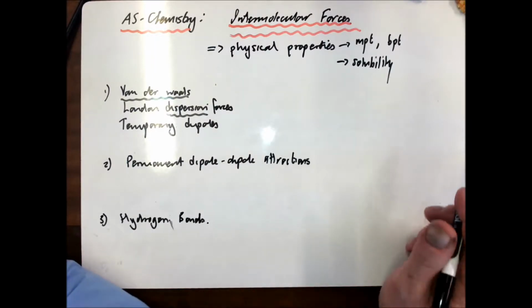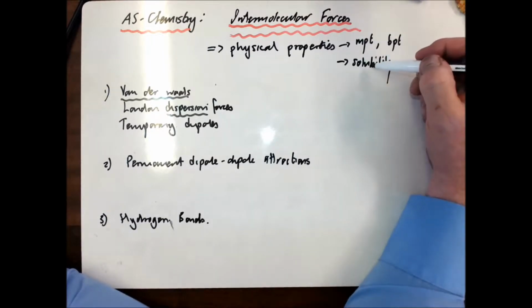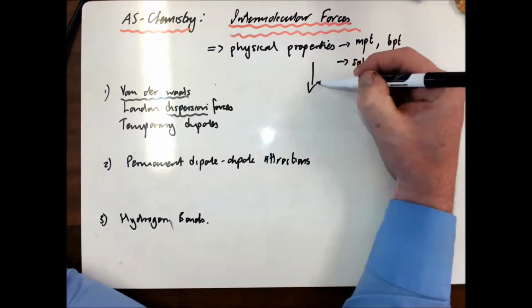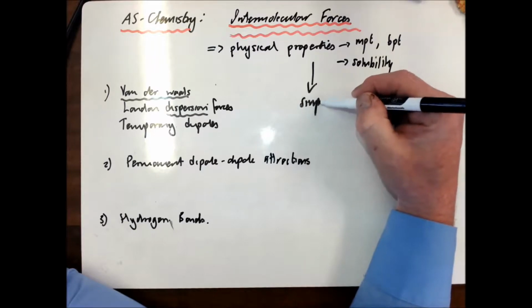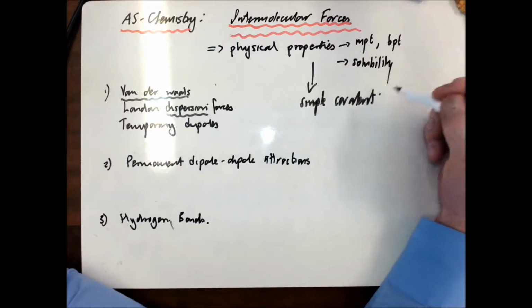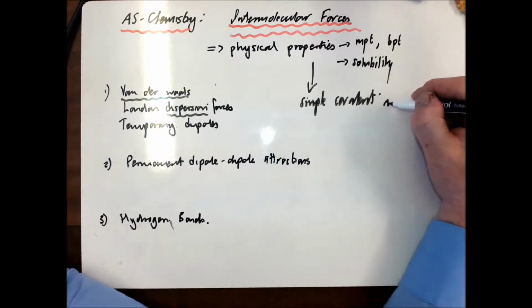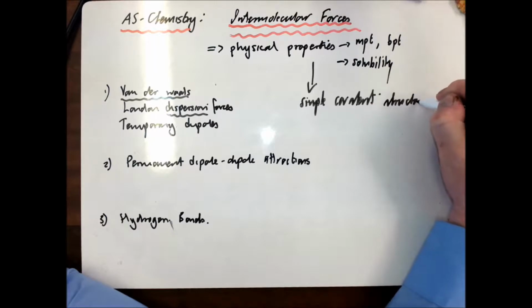This should be stressed: intermolecular forces only control the physical properties of, and this is important, simple covalent molecules. So it's important that you're able to identify your simple covalent structures. So you're talking about things like water, carbon dioxide, nitrogen, all the halogens, and the group O noble gases.